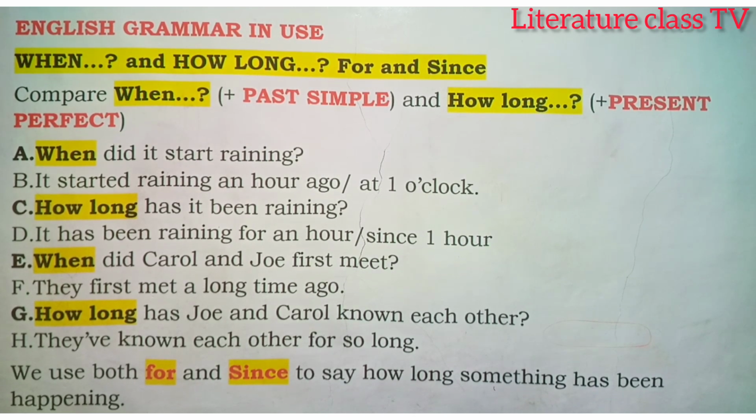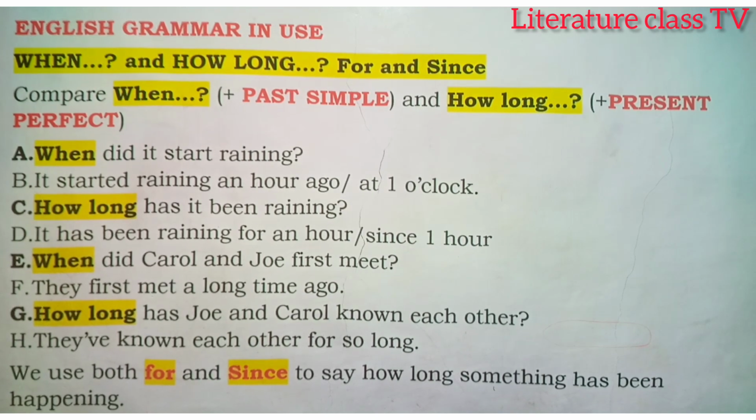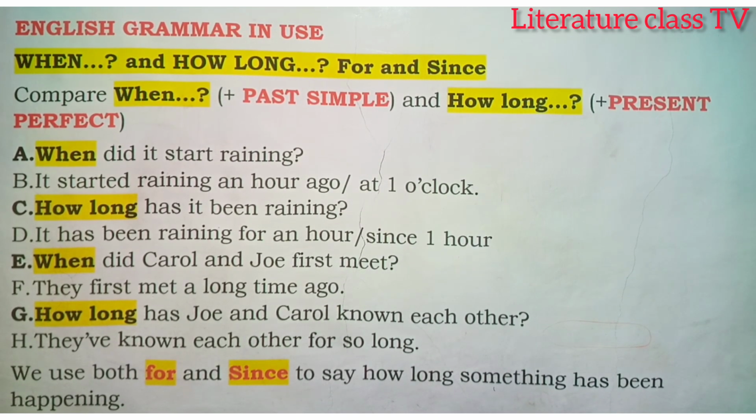to past simple. And we use how long to refer to present perfect. Example A. When did it start raining? We have when and did. When plus past simple. B. It started raining an hour ago or at 1 o'clock.